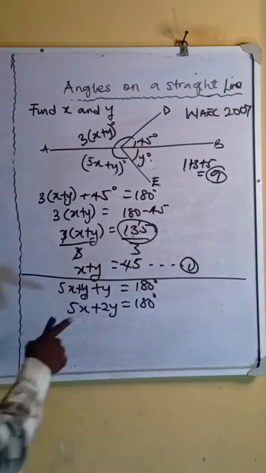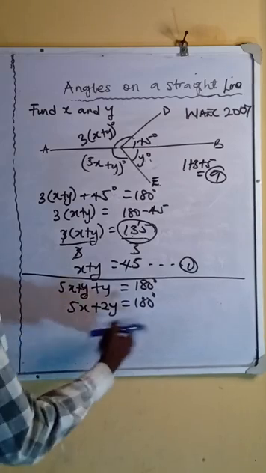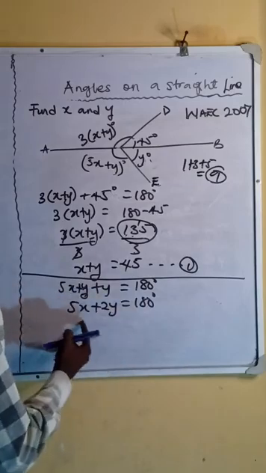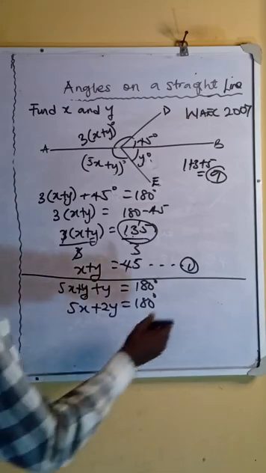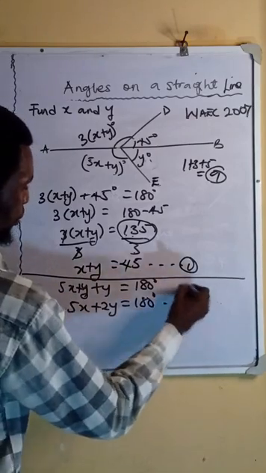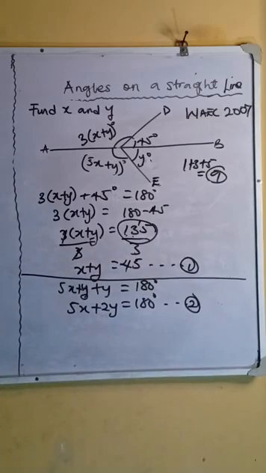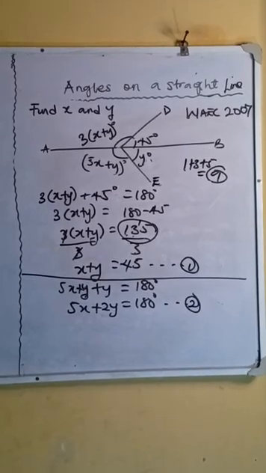You need to check whether there is a common factor. There's no common factor for the coefficients and the constant, so we can have this to be our equation 2. So what you have to do now is to solve equation 1 and 2 simultaneously.